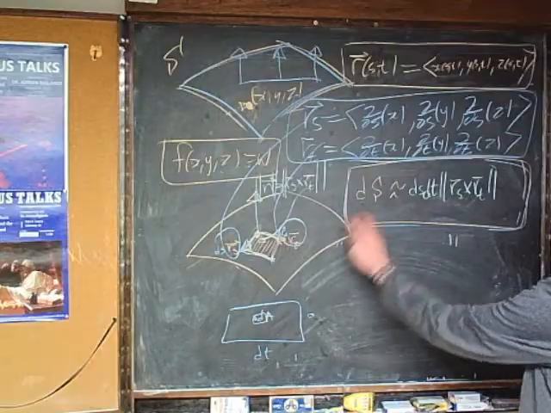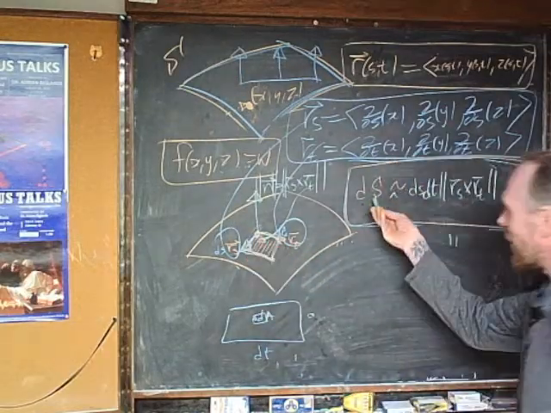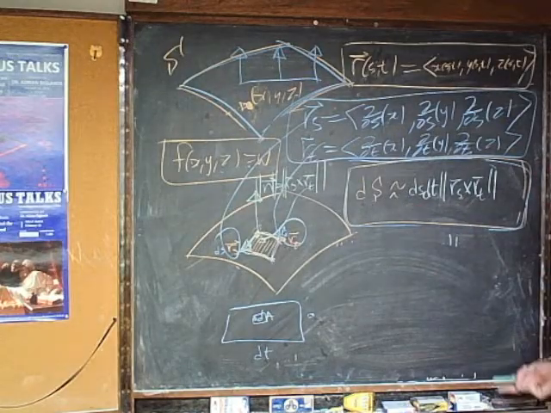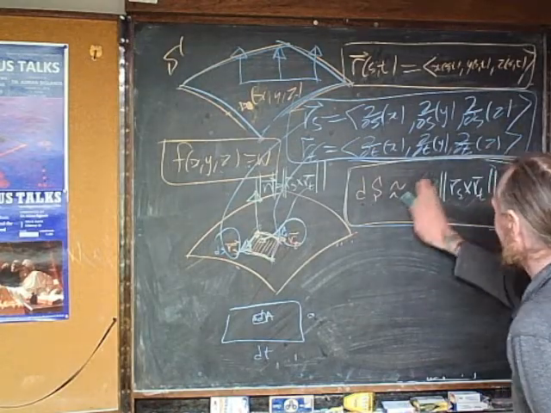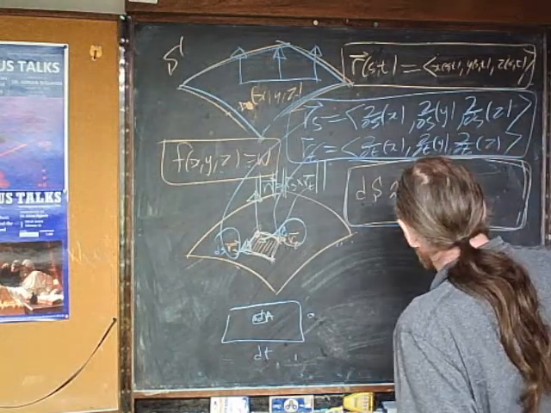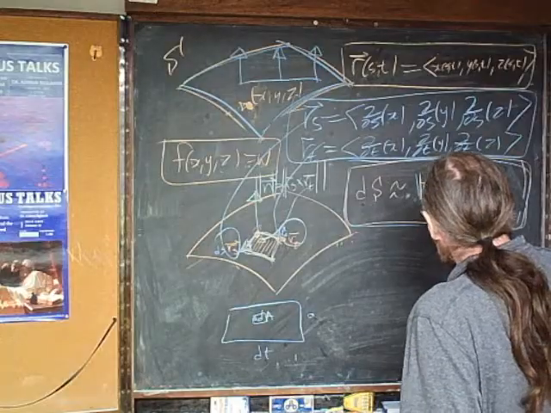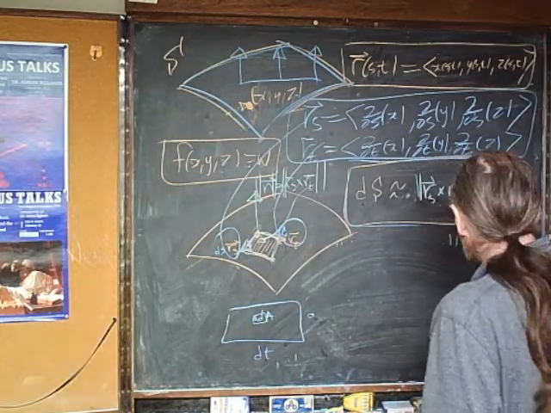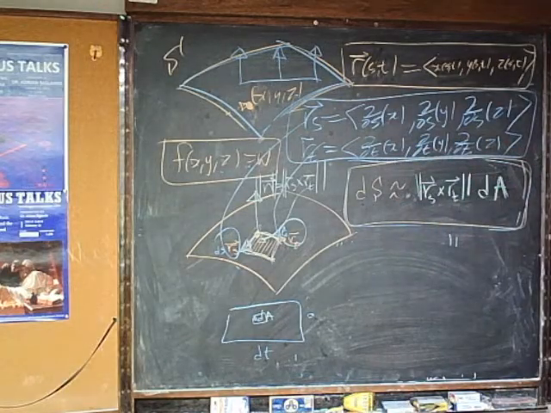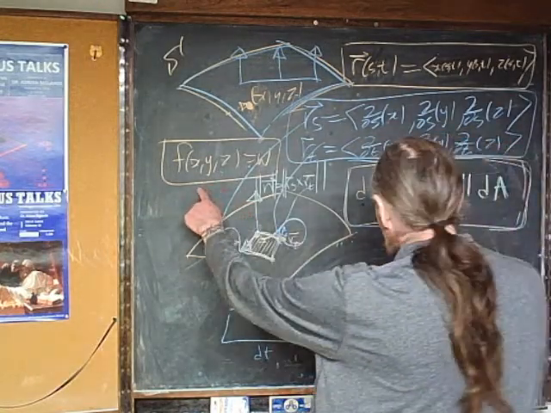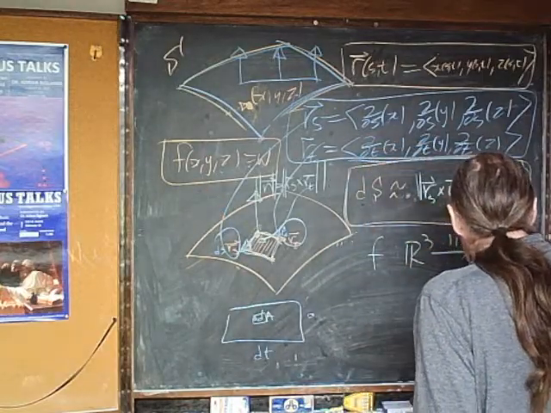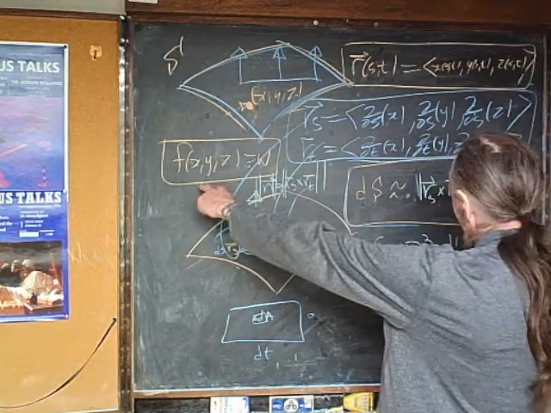So now we have that the approximate dS, or the approximate small area of the surface, is this linear algebra expression, which we would call this guy, and you can move it. This is a number and this is a number, so by the commutativity of the real numbers, we can write this as the magnitude of r_s cross r_t times dA. Now we have this function which is going from R3 into R, which is defined at all the points.